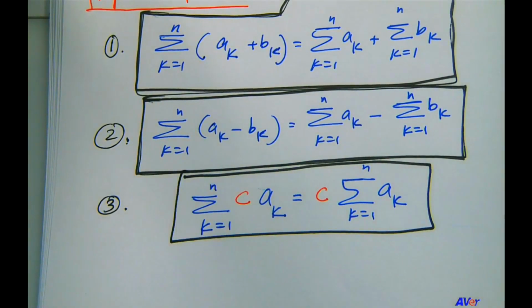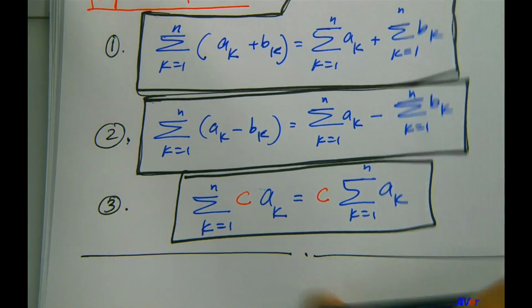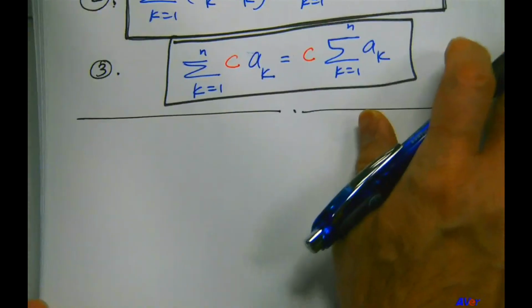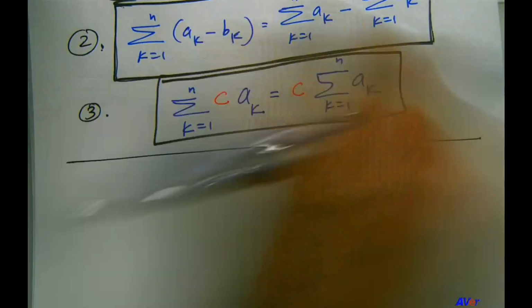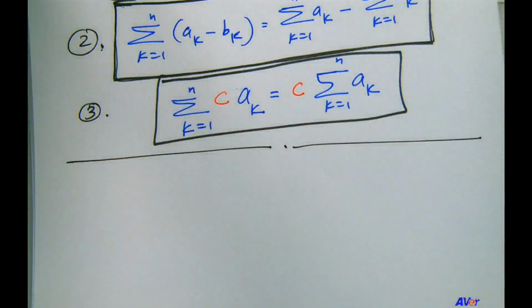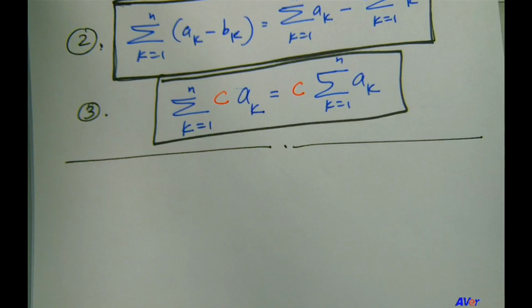Okay, so let's see an example of these. Just the concept, not necessarily the notation I'm talking about. The notation you'll really use, we'll use it a little bit here, not much. But in Calc 2 and Calc 3 you'll use it extensively.